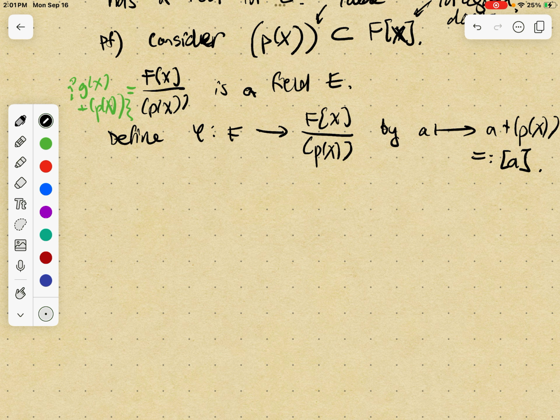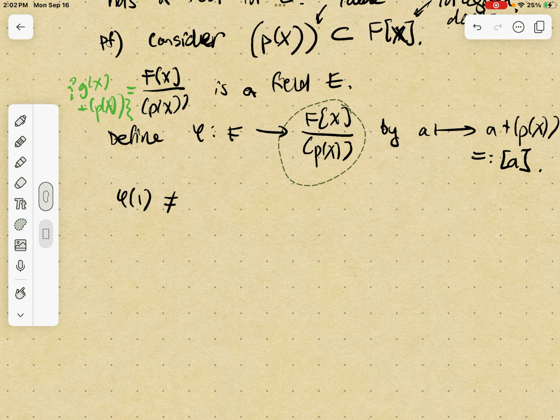Now, I claim that this is injective. It's easy to check that this is a ring homomorphism, and it's injective because, notice that the 0 element in this field is the coset containing p of x.